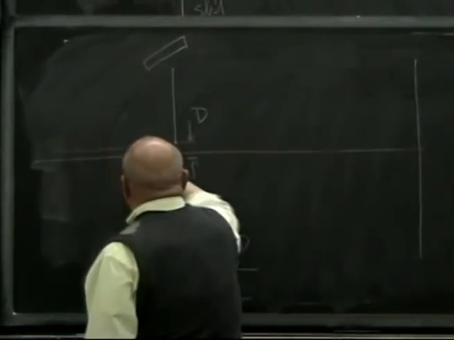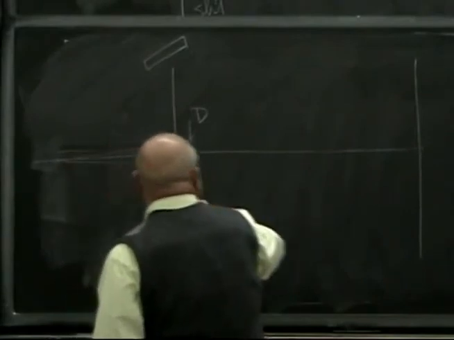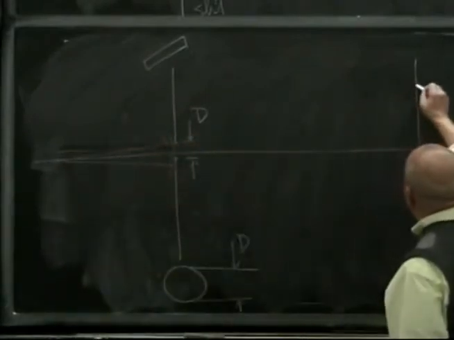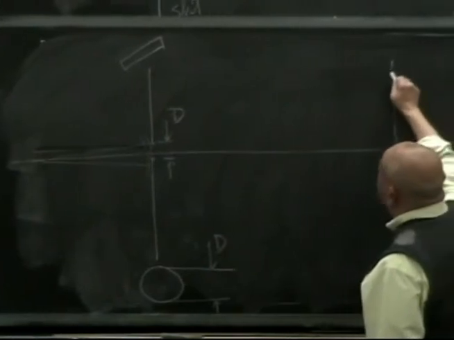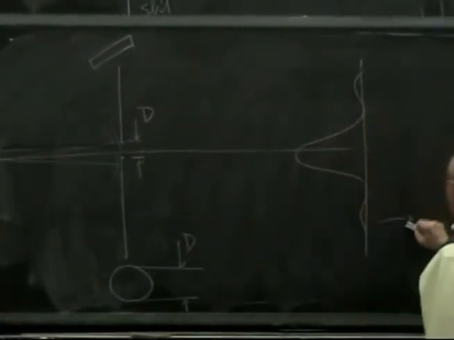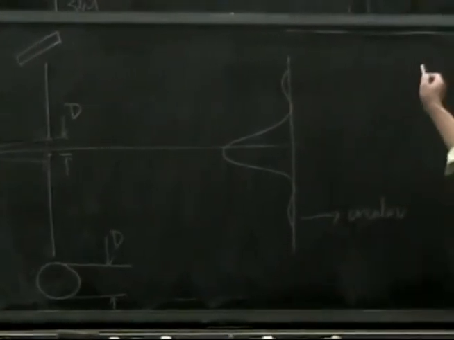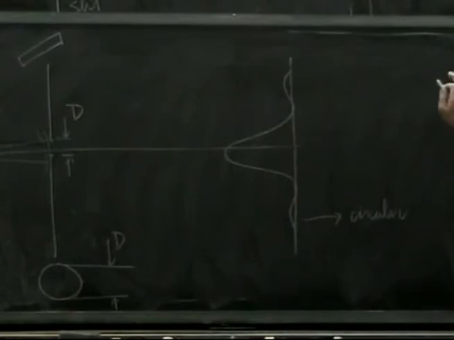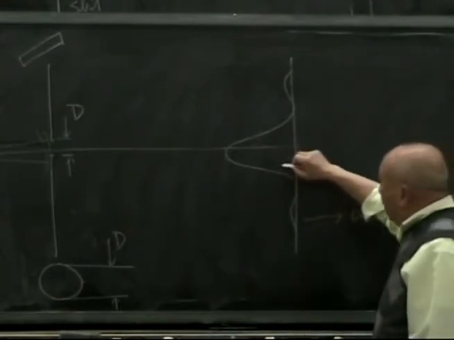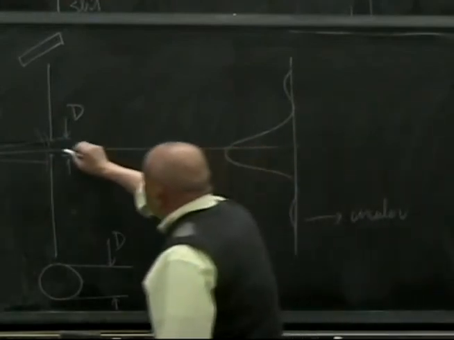Again, the light travels, has diffraction and forms a pattern. This pattern is going to be a circular pattern, while the top is a rectangular pattern. This pattern is related to this angle here.